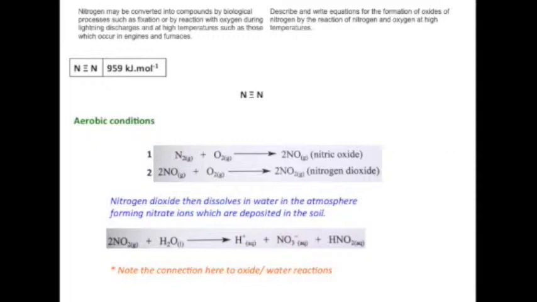This water-soluble compound can then form ions, which is the nitrate ion, and this nitrate ion is able to be taken up by plants. So just a note that this connects to your oxides, and it also connects to acid rain. So when you're having a look at this, you can see that there's nitric acid here, in this part.